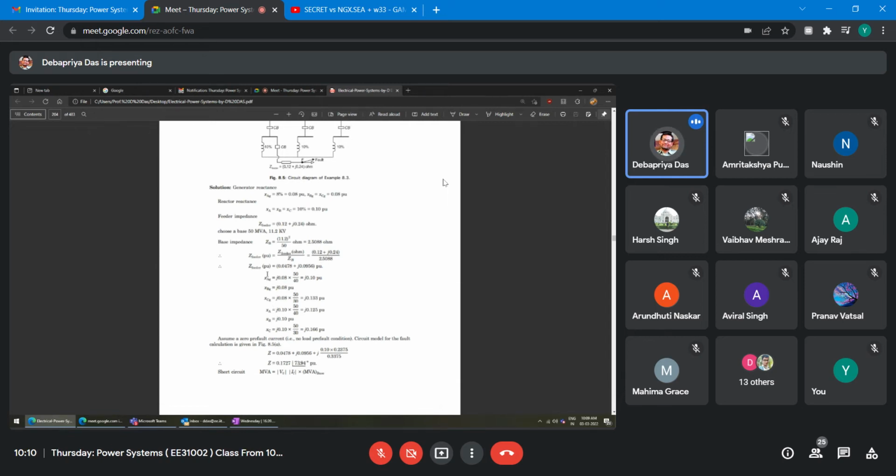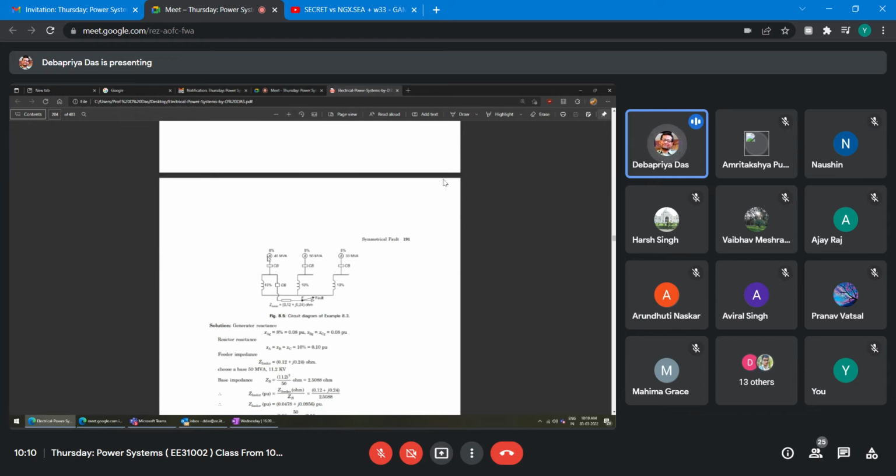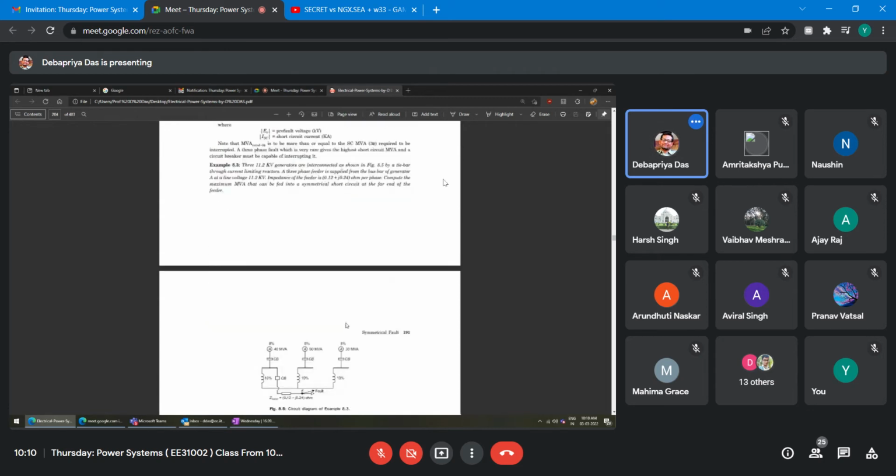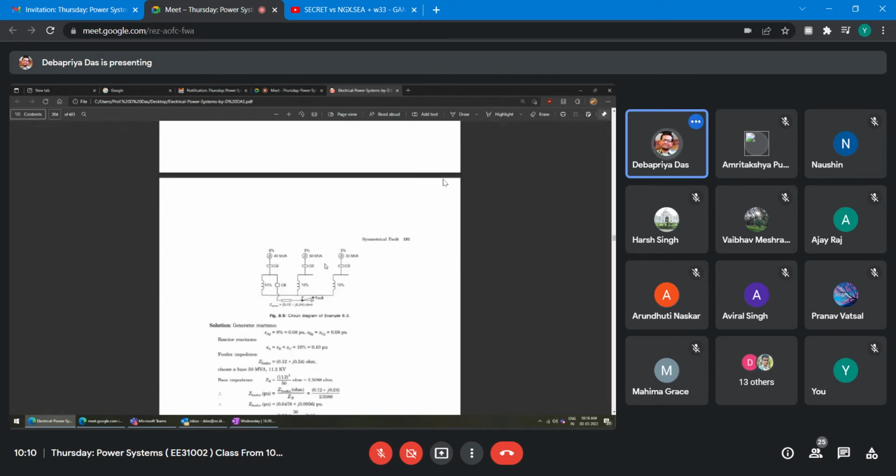All these reactances, this is A, this is B, this is C, with the typographical error. All these reactances you have to convert to a common base of 50 MVA. Because the voltage is 11.2 kV here, here, and here, we need not bother about the voltage, but you have to convert everything to a common MVA.